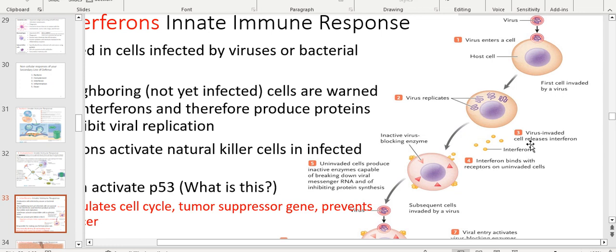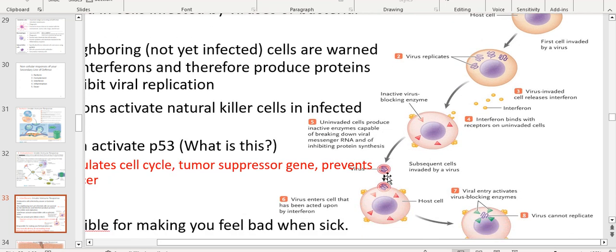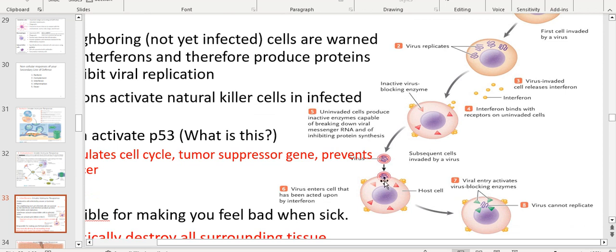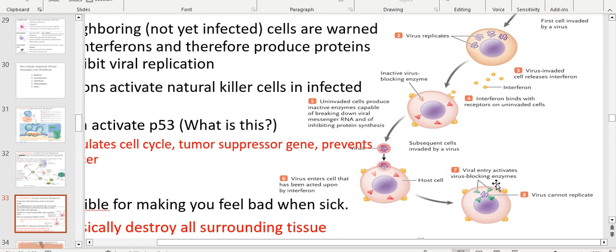The virus-invaded cell releases interferons, and this is kind of a last-ditch effort. This cell is going to die anyway, so the interferons travel onto another cell that is uninvaded or unaffected, and create these inactive virus-blocking enzymes and activate them, so that when the virus does come, the viral entry activates these virus-blocking enzymes, so this cell survives and the virus cannot enter.